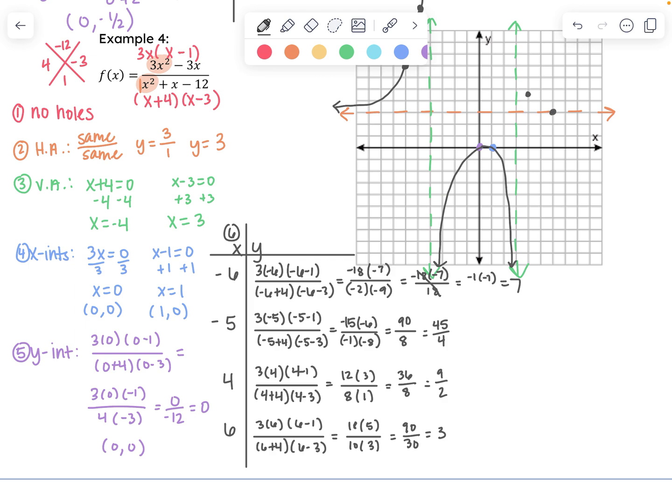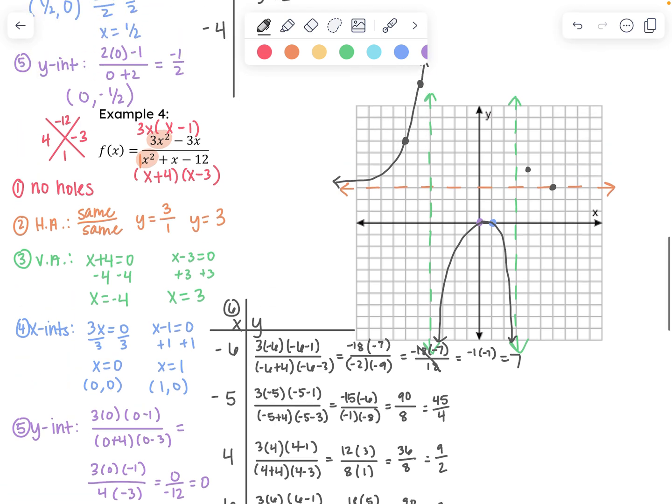So the reason I picked that is so that you could kind of see that when we're looking at vertical asymptotes, we'll never touch our vertical asymptotes, but it is possible for our graph to touch our horizontal asymptotes. So our graph is going to come down this way, and it's going to kind of touch that way and bounce back up and level out. Our horizontal asymptotes are dealing with our end behavior of our graph.